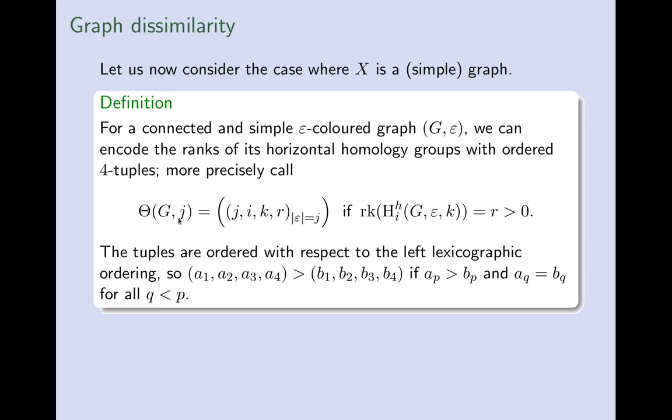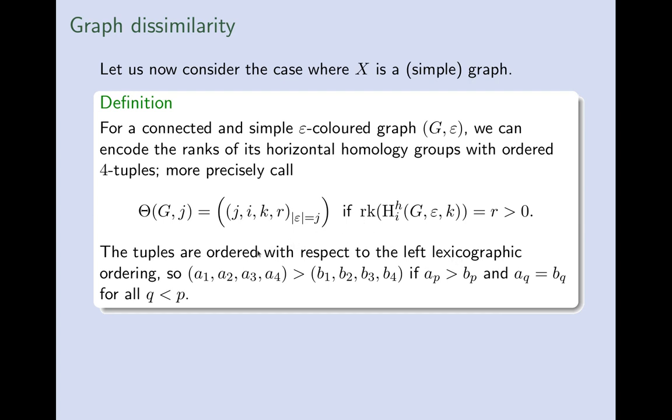More precisely, we can fix a level J between 0 and the number of vertices inside the graph, and for each of these J we look at this theta sequence, which is the 4-tuple J, I, K, R, where J is just this J here, I is the dimension of the simplices, K is equal to the coloring degree, and R is equal to the rank in the case where the rank of this horizontal homology group is greater than 0.